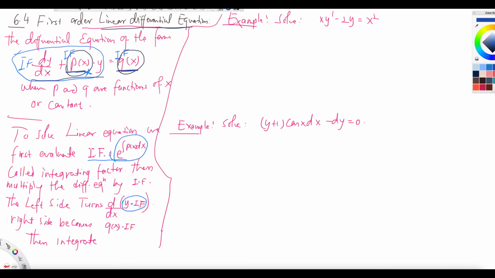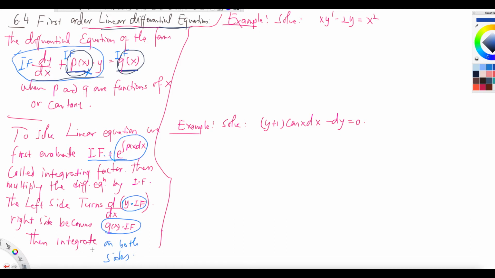You will be able to write it that way. And the whole right hand side will be q(x) times the integrating factor. After you do that, you integrate on both sides, and then you will be able to solve for y. So you will be able to solve the differential equation.